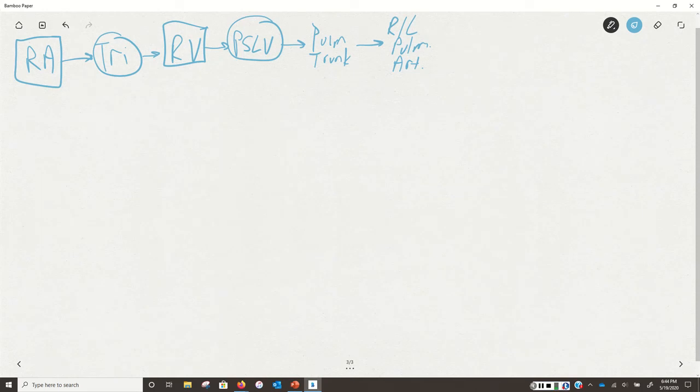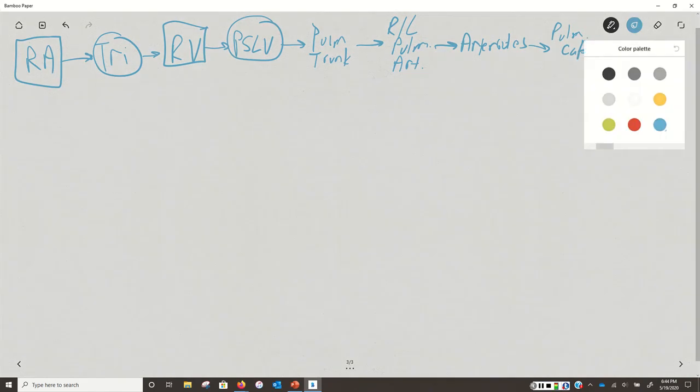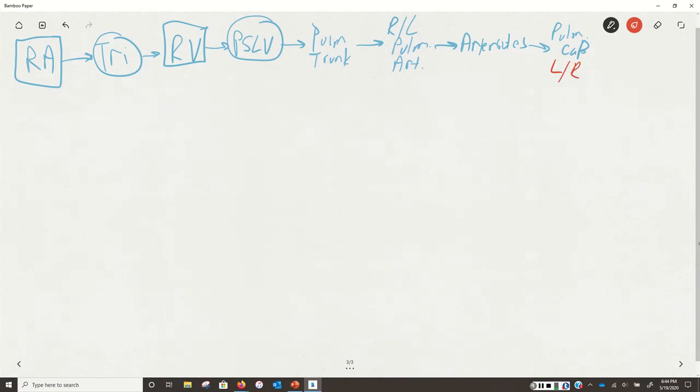Now, we're going to get smaller and smaller and smaller. We're going to go into arterioles. From the arterioles, they're going to get smaller and smaller and smaller until we're in the pulmonary capillaries of the left and right lung.